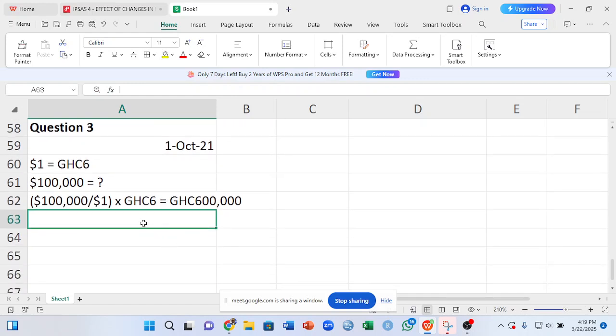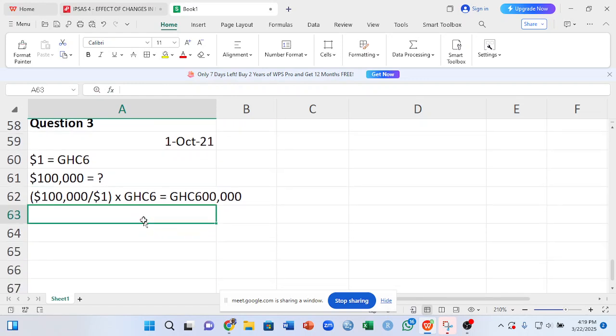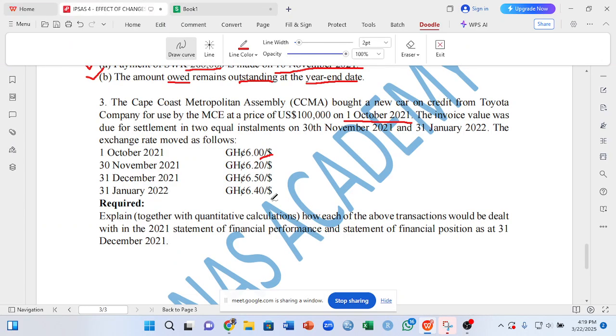Okay, so with that settled, that's the transaction date. Then we move on to whether there was any payment within the year. We saw over here that the invoice value was due for settlement in two equal installments, the first on 30th November 2021 and another on 31st January of next year, which is 2022.